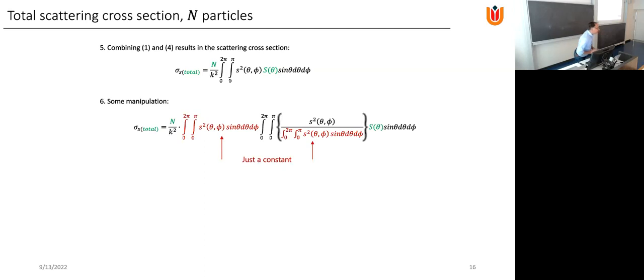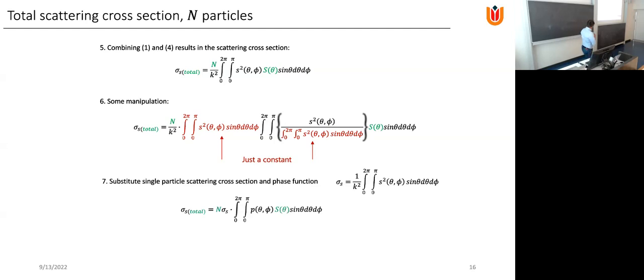You can manipulate this a little bit further by multiplying and dividing by this integral term in green. Of course, if you would calculate that integral, that would just be a constant, so it is more complicated than this. But this has a benefit of using the expression for the scattering cross section of a single particle, which has this integral term.